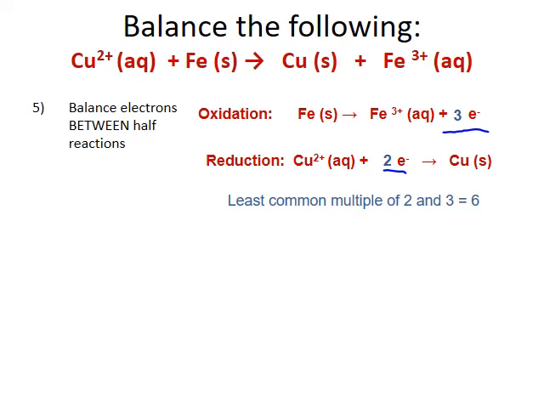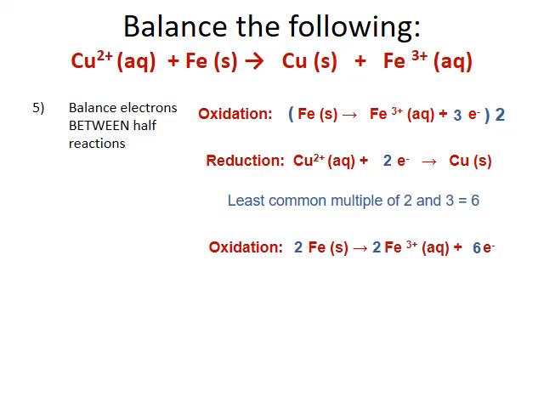So in this case, the least common multiple between 2 and 3 is 6. This is the number of electrons that we're going to try to get in each half reaction. So to get 6 electrons in the oxidation half reaction, we need to multiply that entire half reaction by 2. And I'll rewrite this below with the new coefficients.